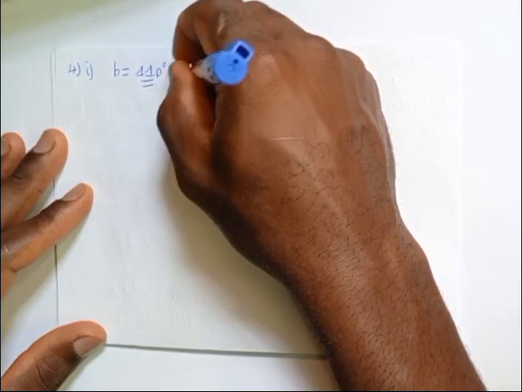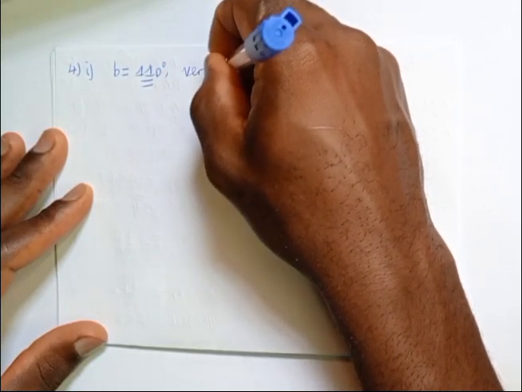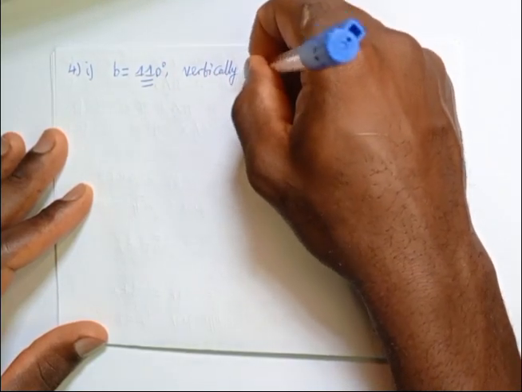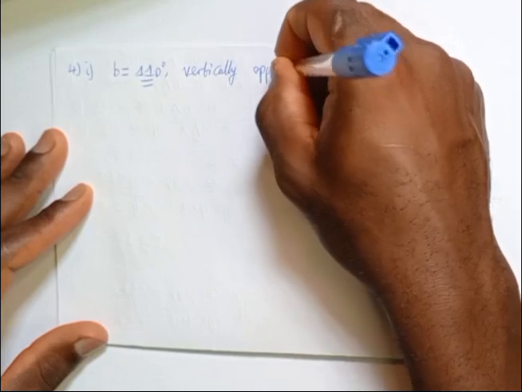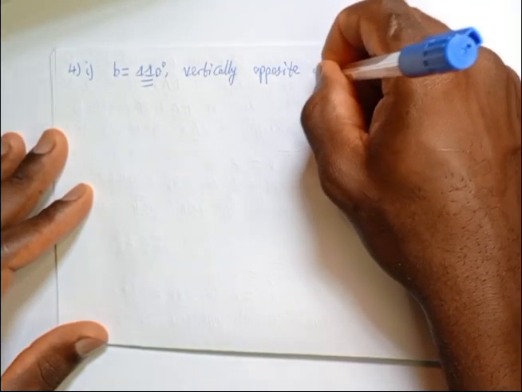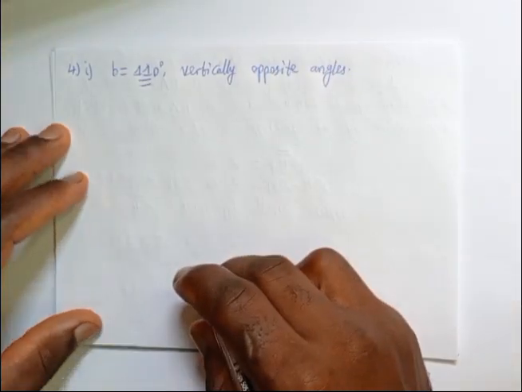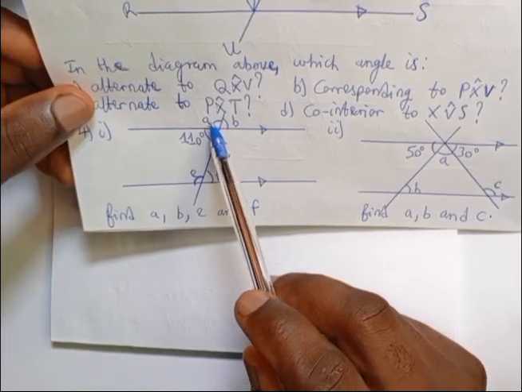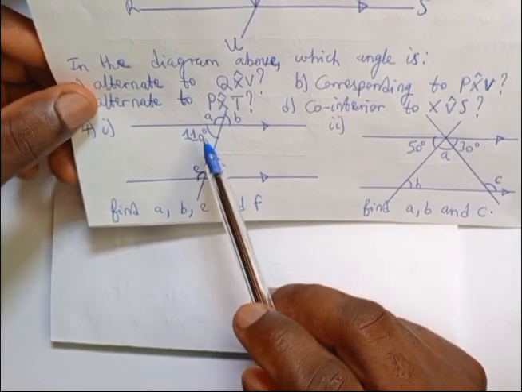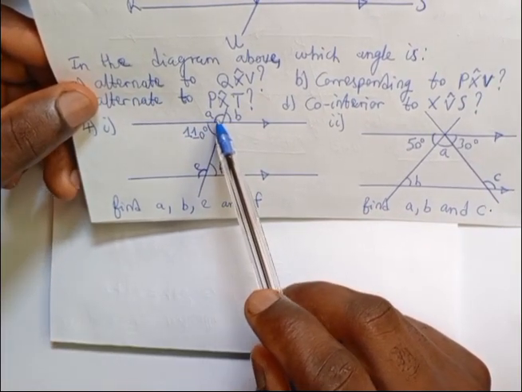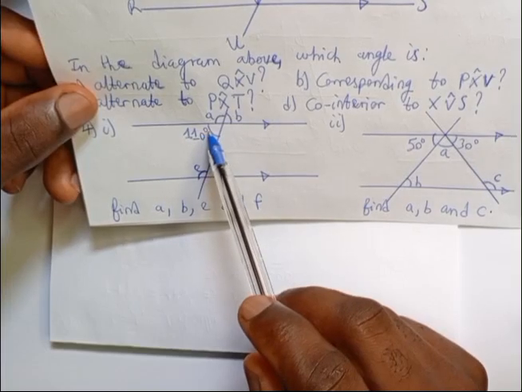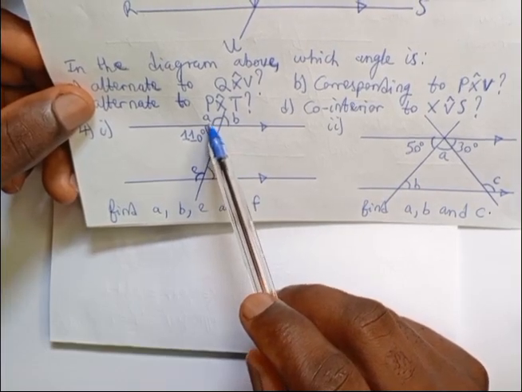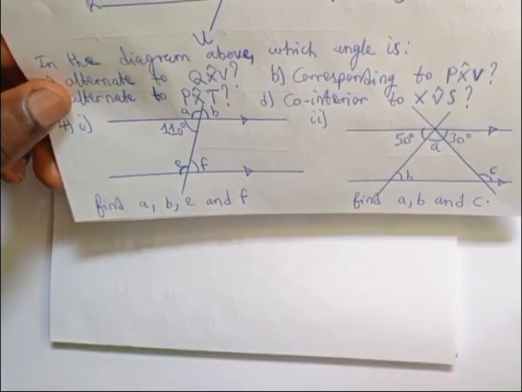You write by the side, vertically opposite angles. Remember, vertically opposite angles are always equal. Next, we can find the angle A. We are going to make use of the fact that A and 110 degrees are straight line angles. That means they sum up to 180 degrees.